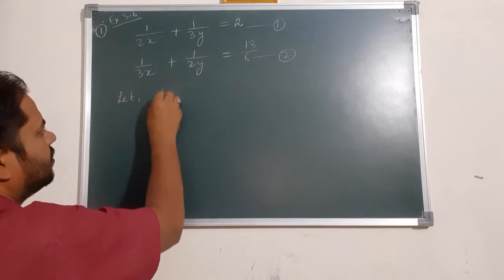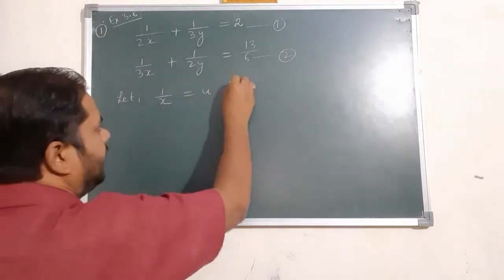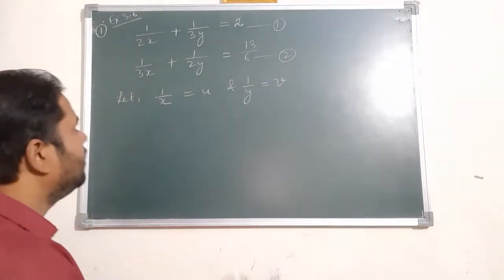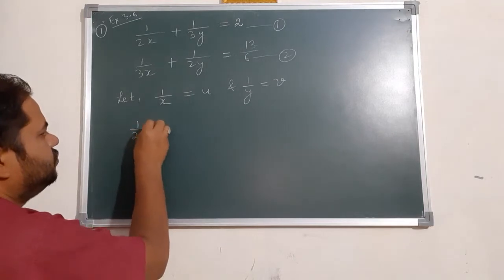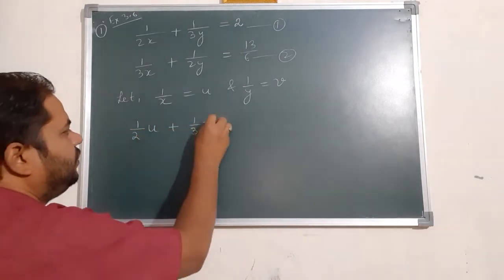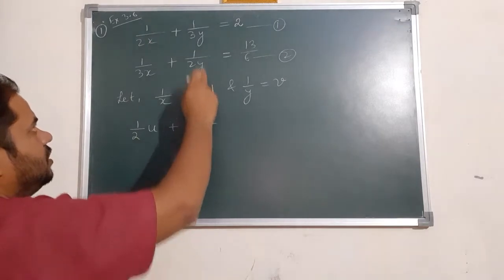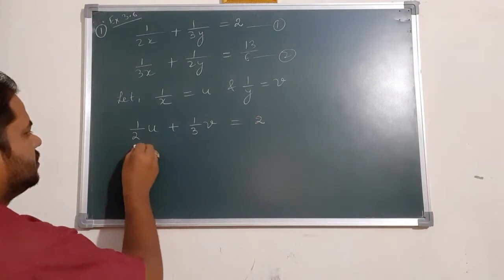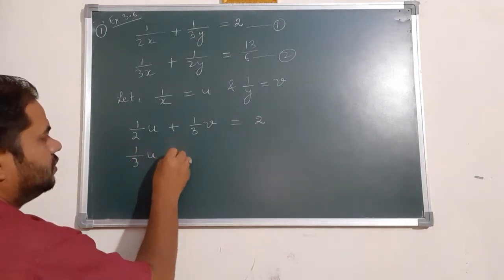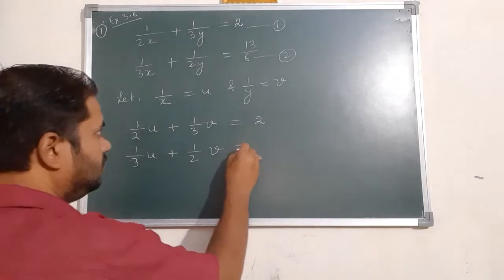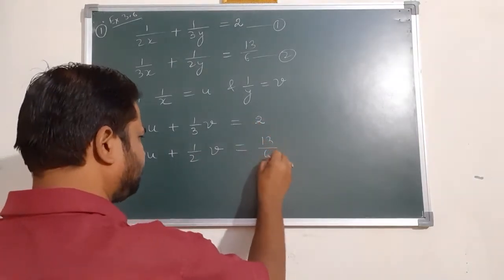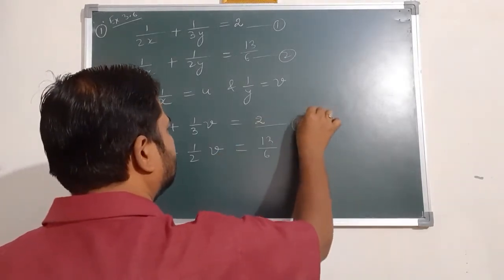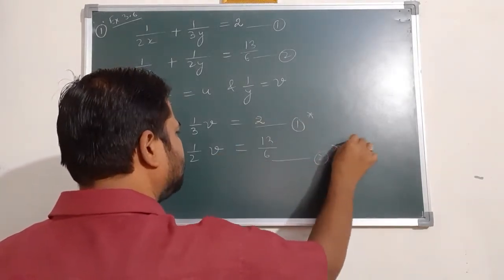Let 1 upon x be u and 1 upon y be v. Then this becomes 1 upon 2 u plus 1 upon 3 v is equal to 2. Similarly 1 upon 3 u plus 1 upon 2 v is equal to 13 by 6. This is equation number 1 star, and this is equation number 2 star.